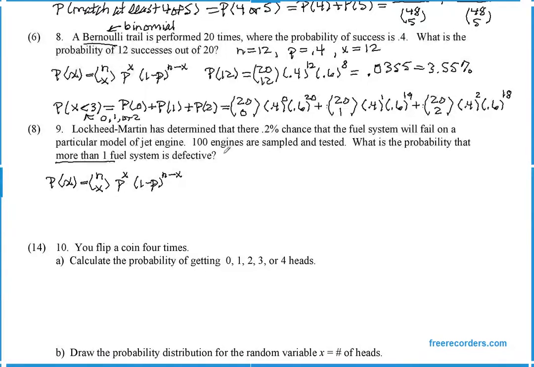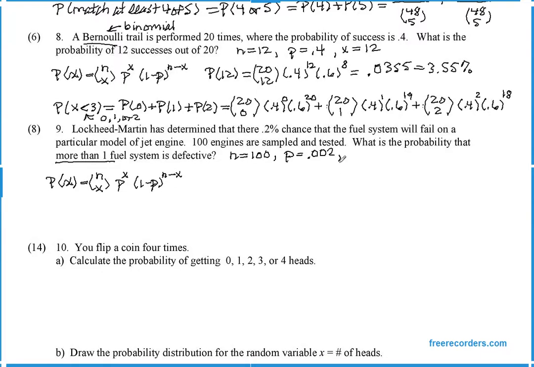And then our x is going to be the number of defects or the number of system failures. So n is going to be 100. That's our number of trials, which is the number of engines that we've sampled. And p is the probability of a success here, which is going to be 0.2%. So that's going to be 0.002. Remember, you always do p as a decimal. So that's 0.2%. Move it over 2 places.